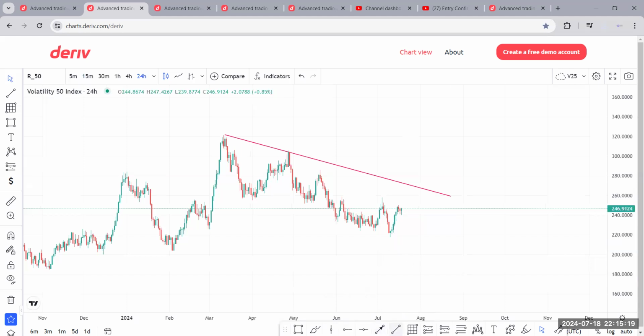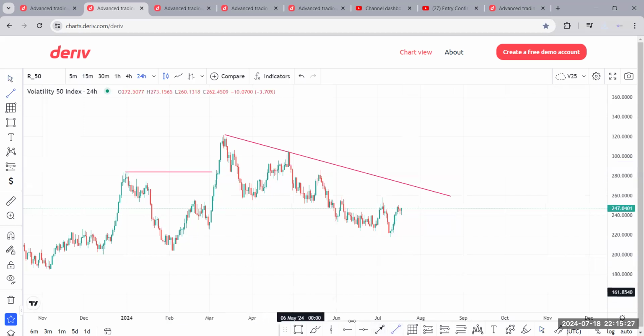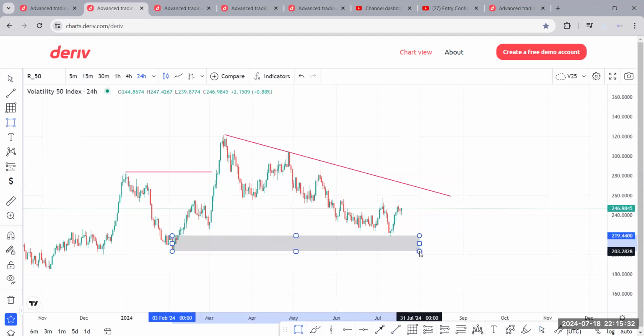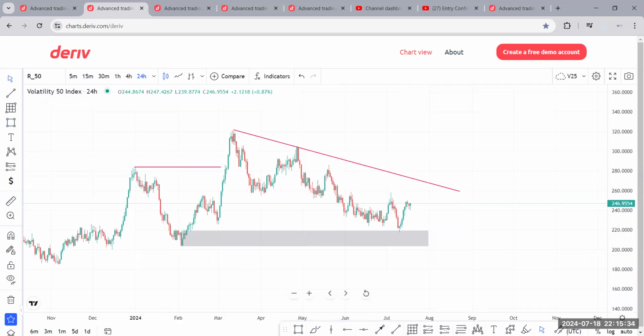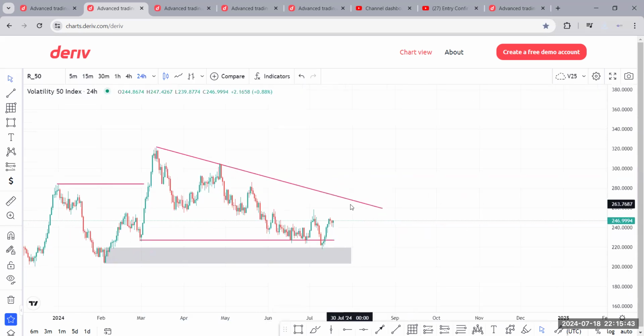And let's mark our structure. So we have this break of structure to the upside, and the low that is responsible is this low, which price has retraced into sweeping this liquidity as an inducement, if you like. And right after, we are seeing that push to the upside.